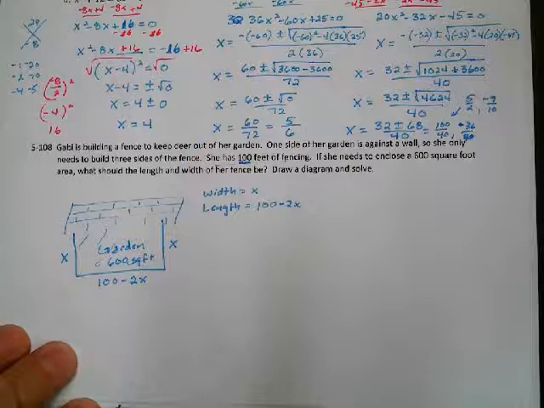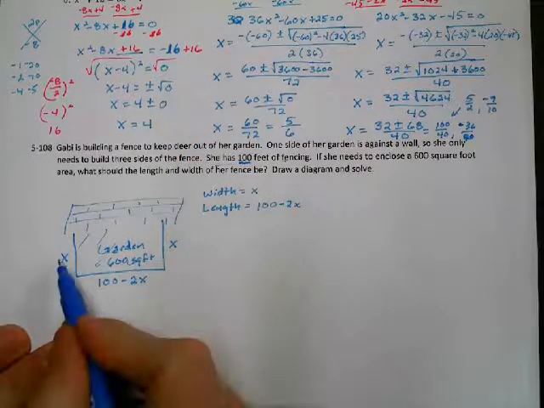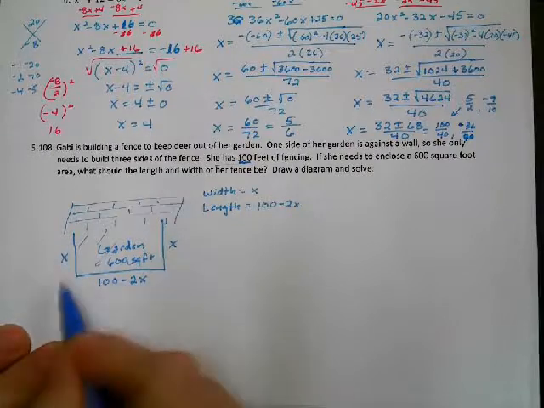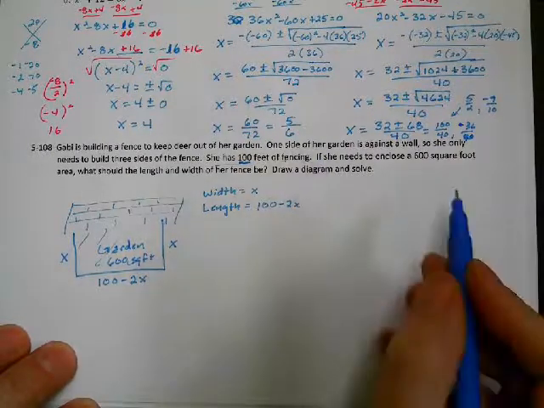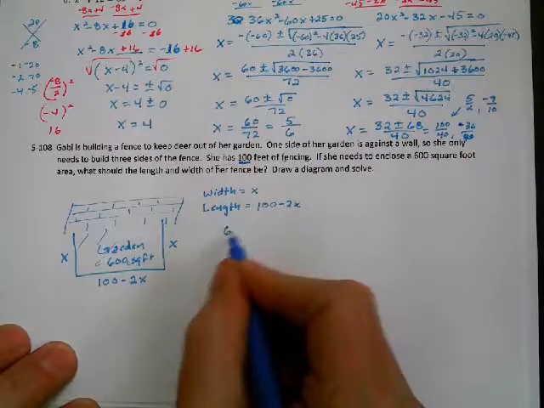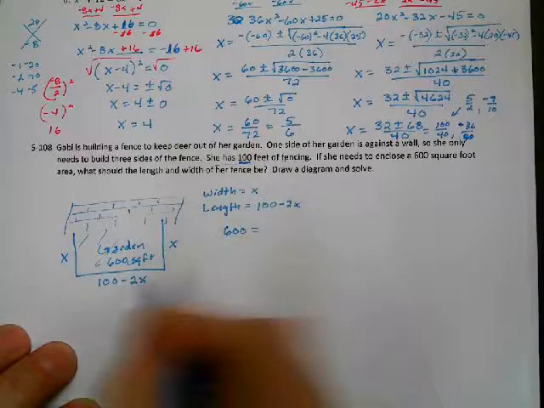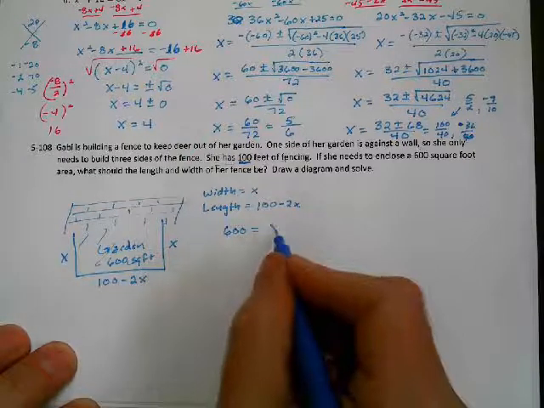Okay, so area is just width times length or length times width. So my area is going to be 600 equals the width of x times 100 minus 2x.